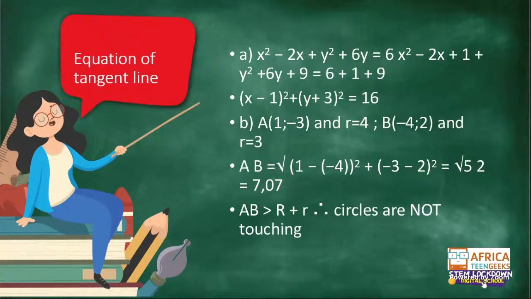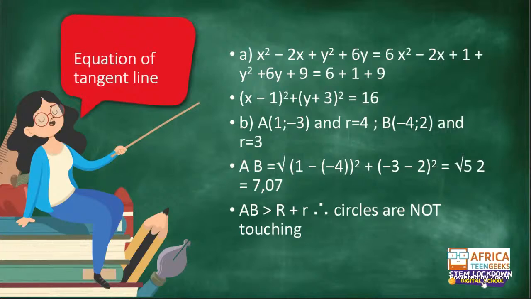After you have calculated the distance between A and B, you also calculate the sum of the 2 radii.